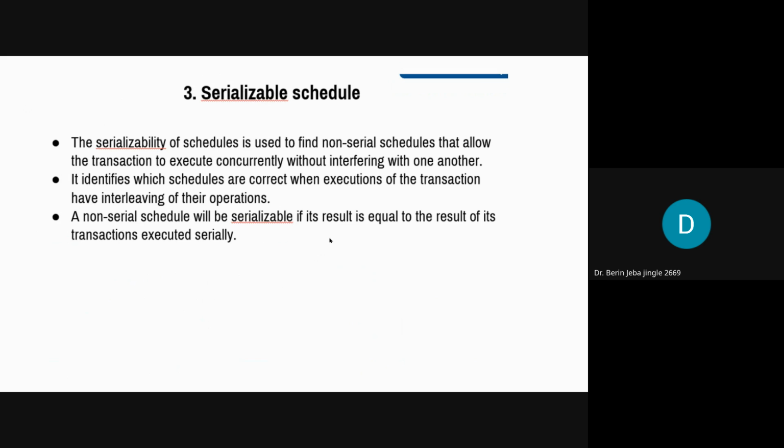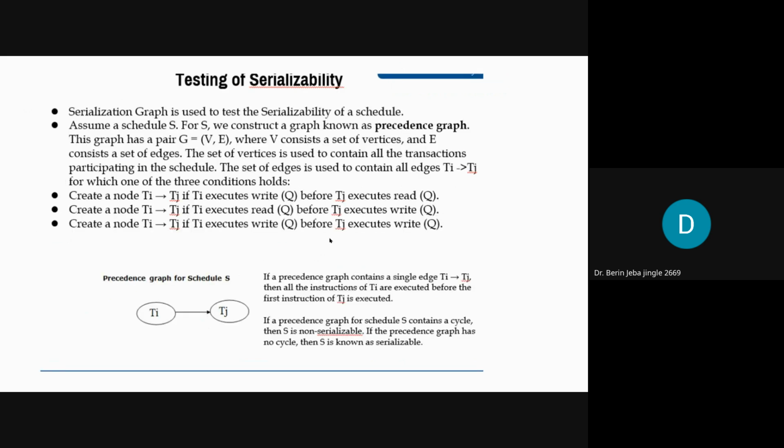How are we going to test for serializability? It uses a precedence graph to test the serializability of the schedule.